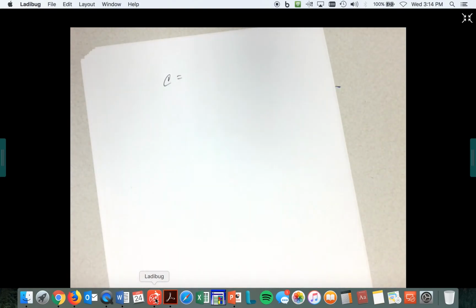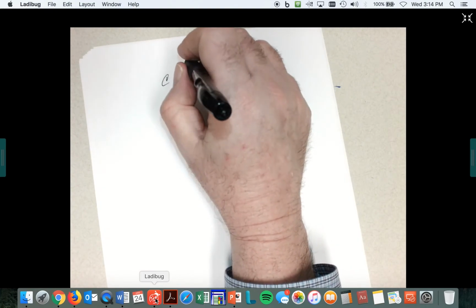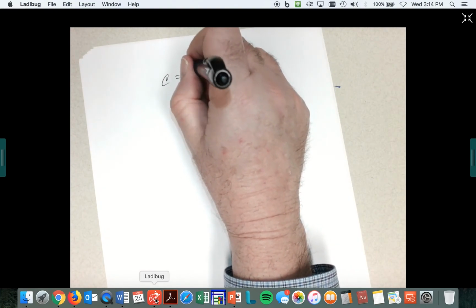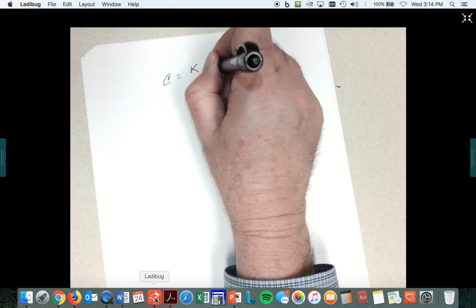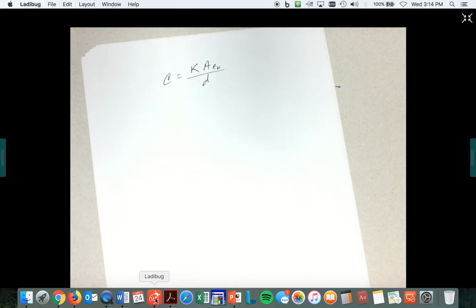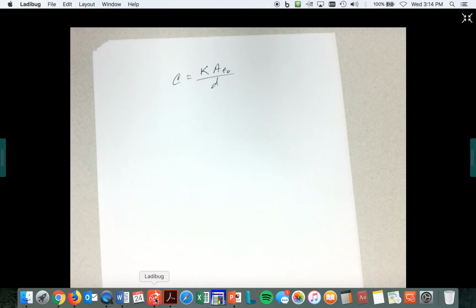C is equal to, we usually write it this way, the dielectric constant times A epsilon naught over the distance between the plates. All right? And then we also know this. Here's the other thing.